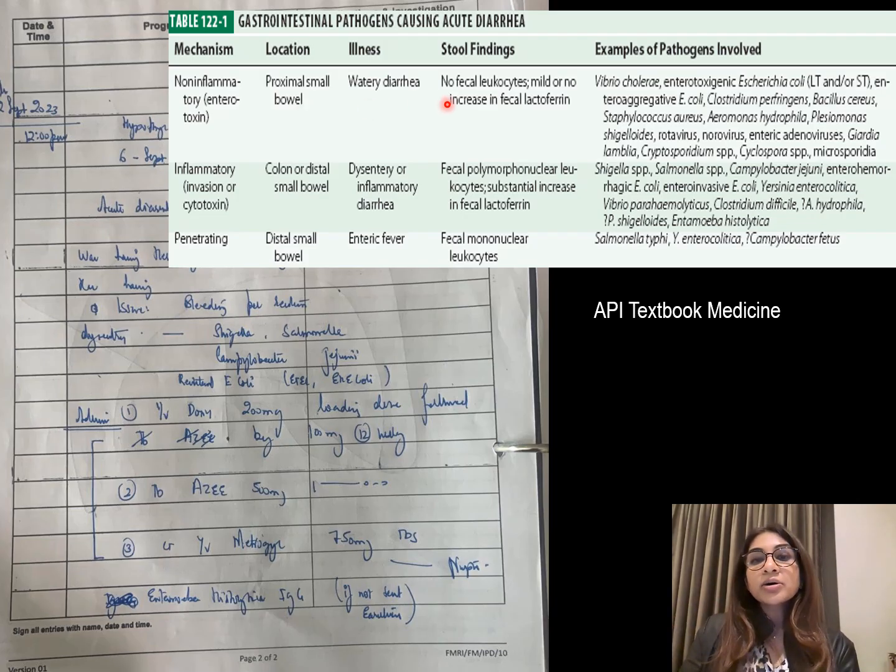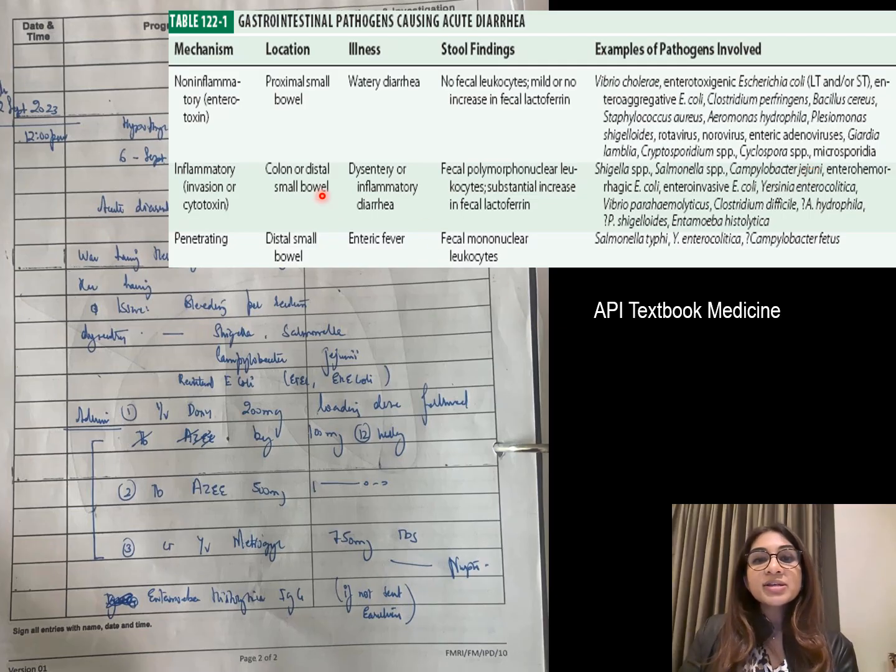And usually, this is caused by Vibrio cholerae, enterotoxigenic E. coli, Bacillus cereus, Staph aureus, bacteria like Aeromonas, Plesiomonas shigelloides, Rotavirus, and the parasites like Giardia, Cryptosporidium, Cyclospora, and Microsporidia.